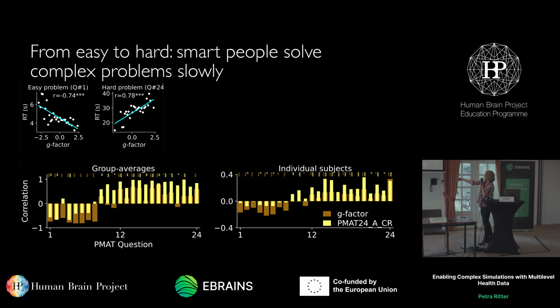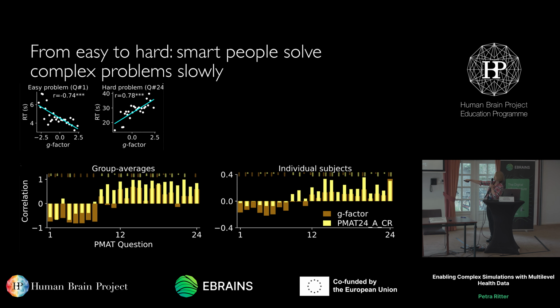And this is also visible here. So here you see the 24 questions, and basically this plot and this plot, they are similar. One is individual subject results, and this is a group analysis. Doesn't matter here. But what you see, the first 8 easy questions, so the difficulty increased with each task. There we have the negative correlation.